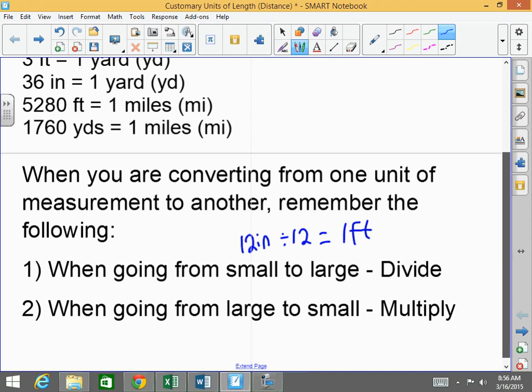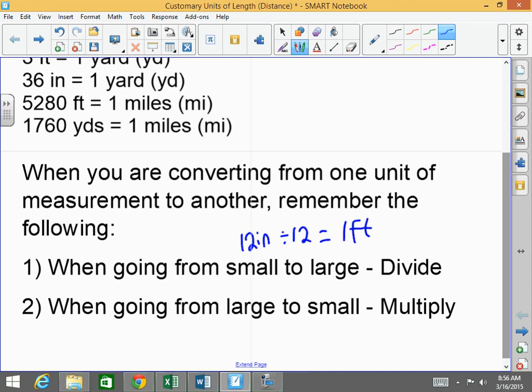And when going from large to small, you're going to multiply. For example, how many inches in 1 foot? Well, multiply by 12, and that gives you 12 inches. So when going from small to large, divide. When going from large to small, multiply. It's kind of reverse logic.